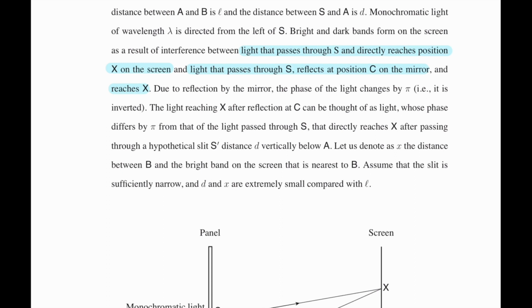If we want to see an interference pattern on the screen, we need two sources of wave.